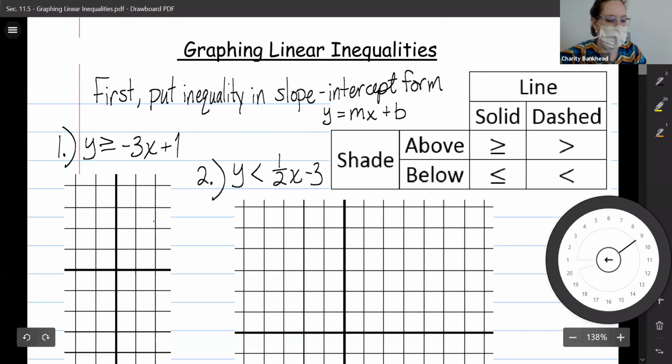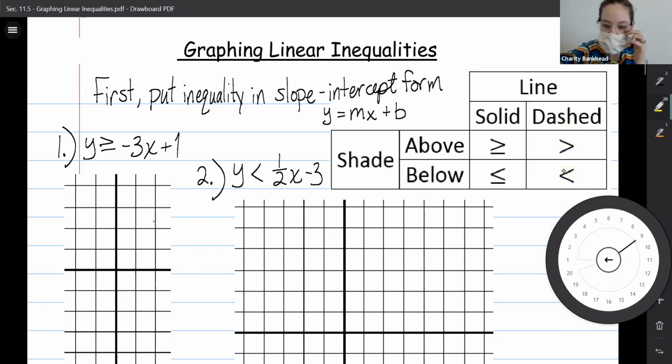Graphing linear inequalities. All right, so this is going to be just like graphing an equation, except a little bit extra on top of that. If it's using a strict inequality symbol, meaning it's not "or equal to," so it's strictly greater than or strictly less than, in that case, you're going to use a dashed line when you graph it.